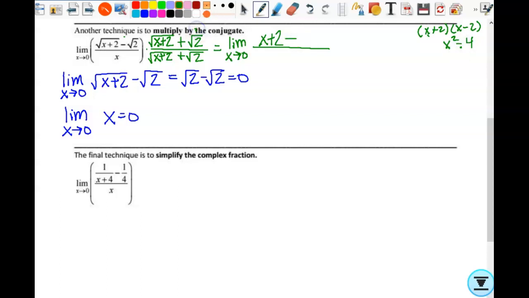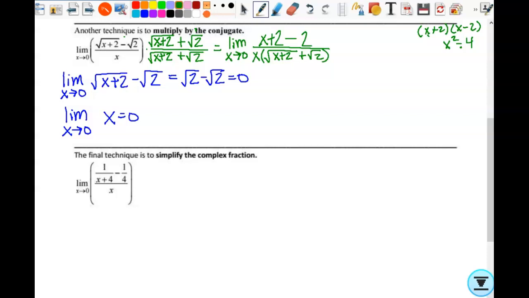Then we square this, and what do we get? 2, very good. The denominator, we're not going to distribute. We're not going to worry about the weird stuff. We're just going to have this x, and then parentheses, square root of x plus 2 plus the square root of 2. I know that it all looks horrible, but it's really not. We don't have to do anything really weird with this stuff.